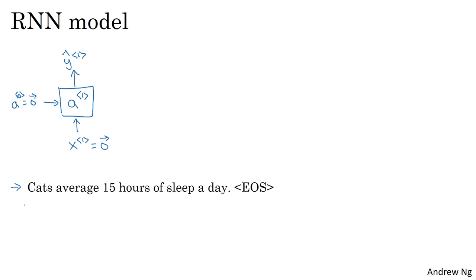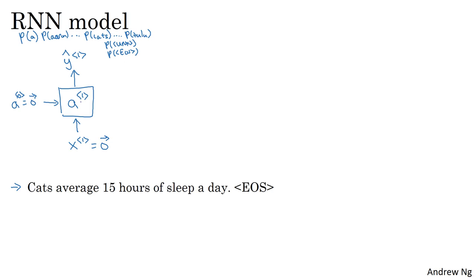So what this step does is really, it has a softmax that's trying to predict what is the probability of any word in your dictionary. What's the chance that the first word is A, what's the chance that the first word is Aaron, and then what's the chance that the first word is cats, all the way up to what's the chance the first word is Zulu, or what's the chance that the first word is an unknown word, or the end of sentence token, which shouldn't happen really, right?